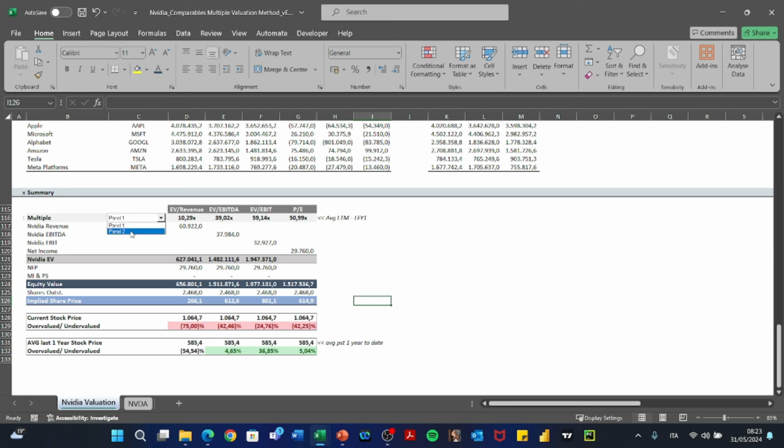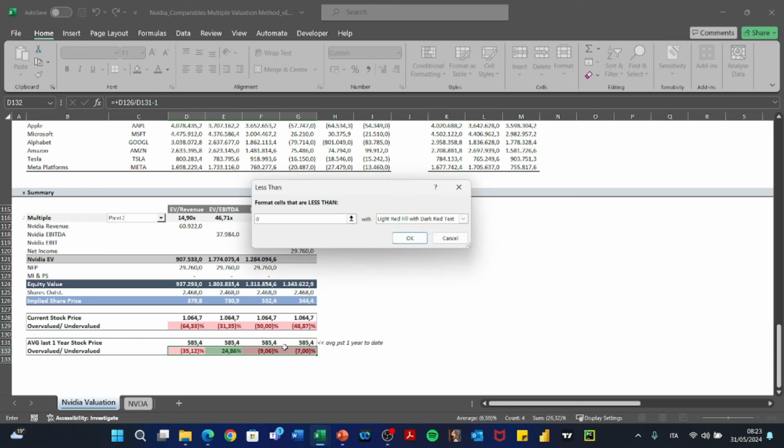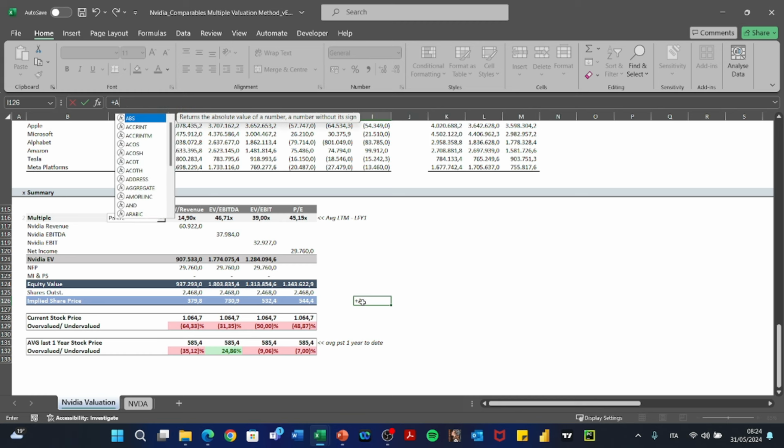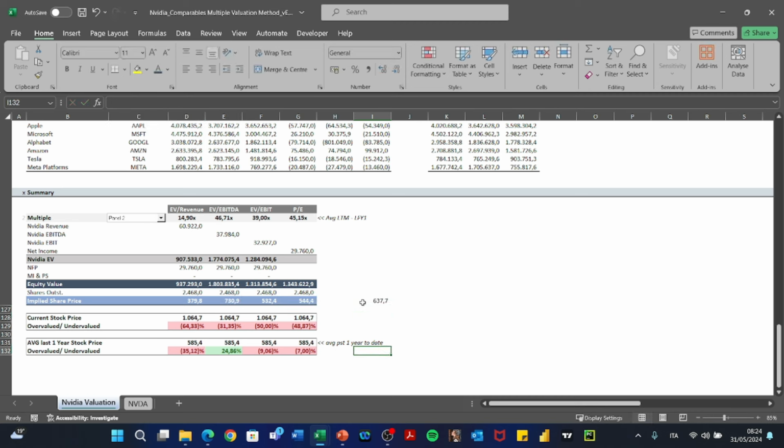If you look at the second panel, if we take an average of these two, probably we are a bit in line, or slightly overpriced.